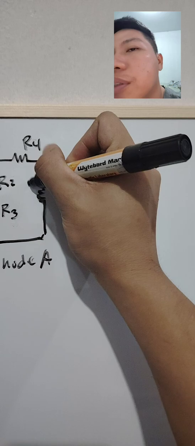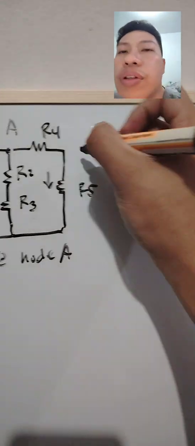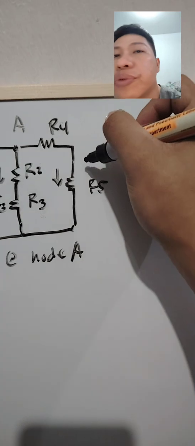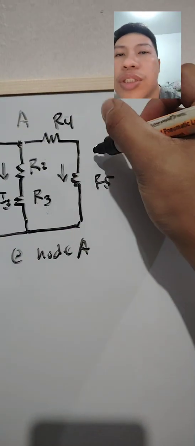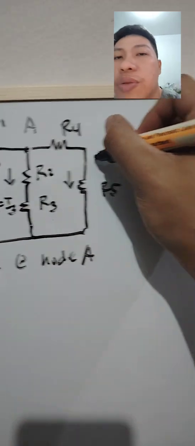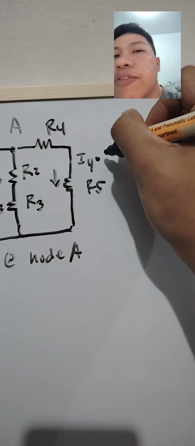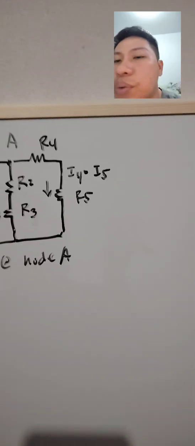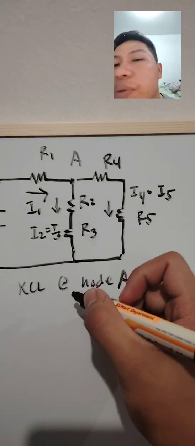Remember the principle: currents flowing through resistors in series are equal. So this is equal as well. I4 equals I5.